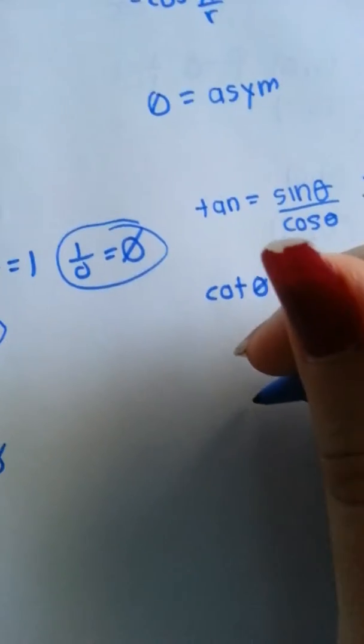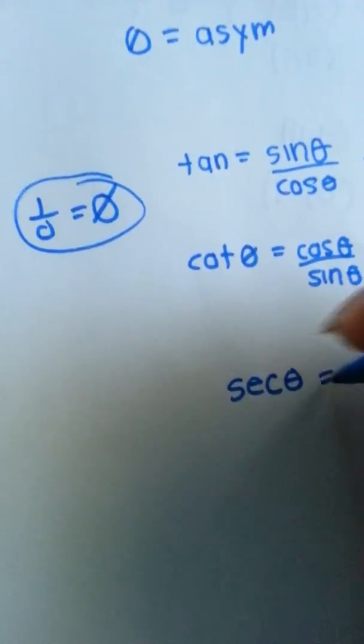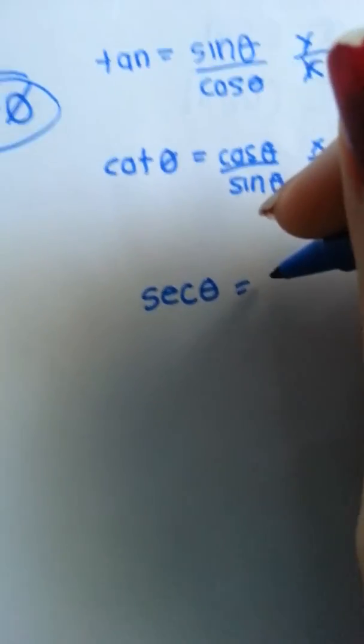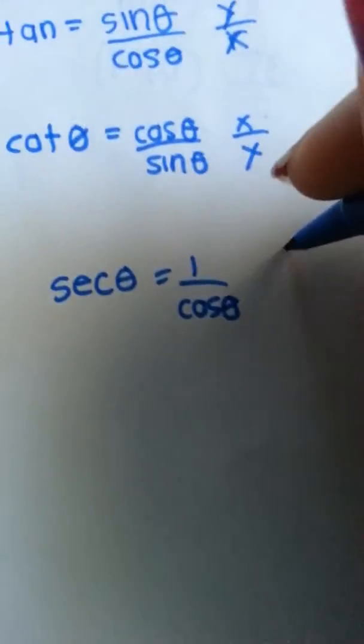Okay, so now for secant and cosecant, we know that secant is the reciprocal of cosine, meaning it's 1 over x.